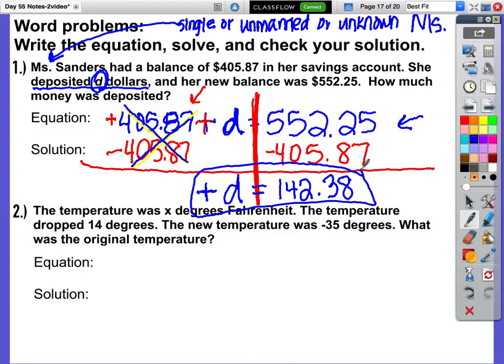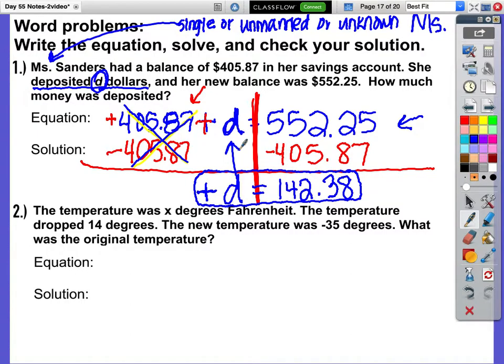What does that represent? That represents the amount of her deposit that she made. That's how much money she put into her account.